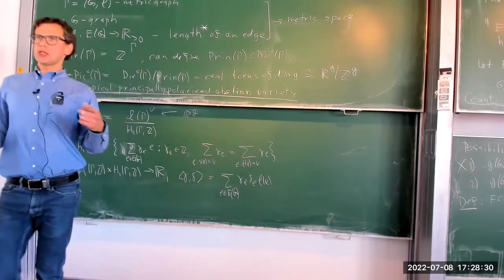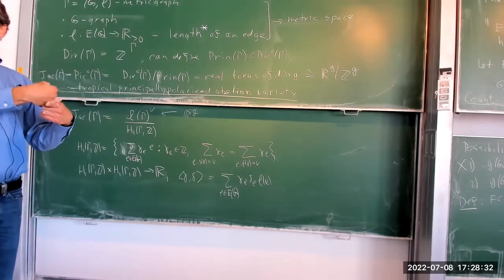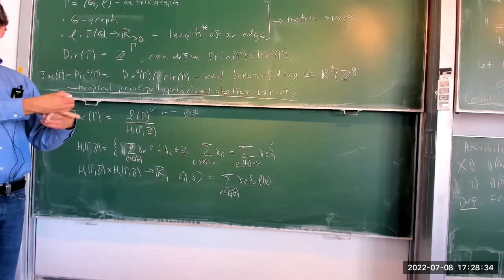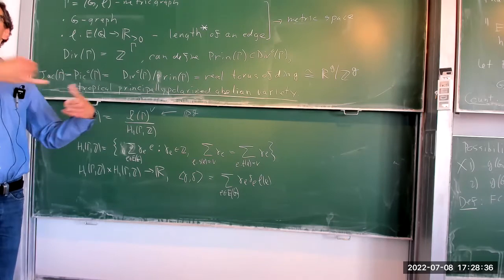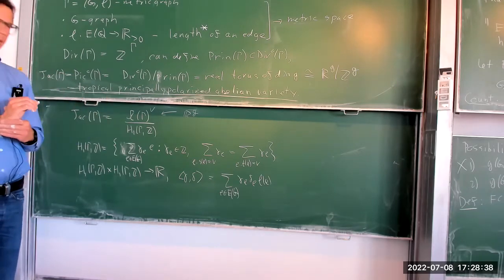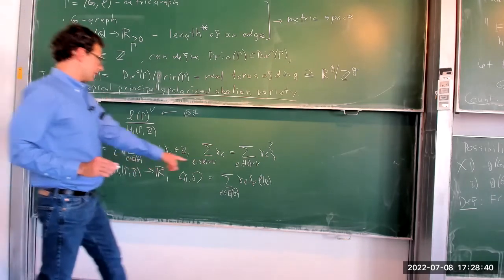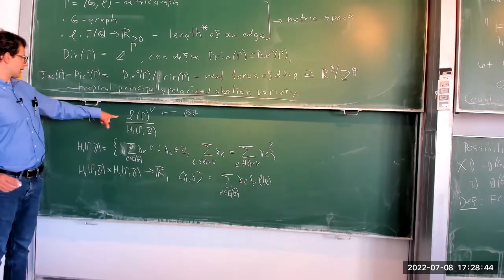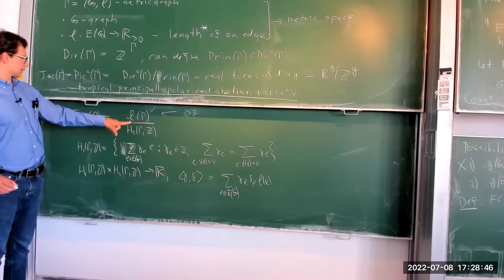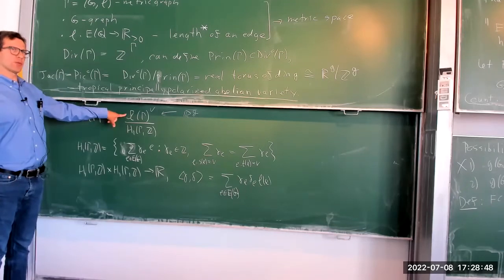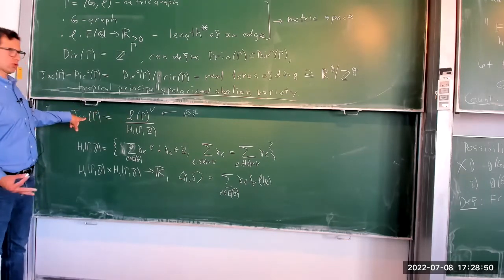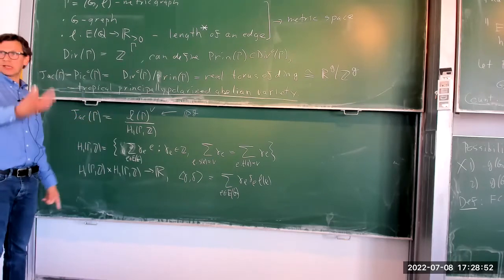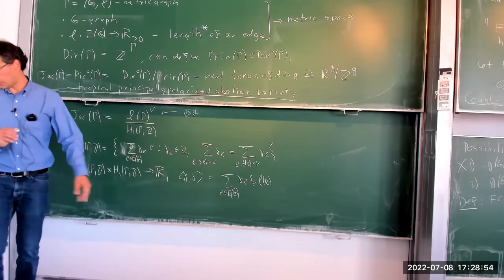So for each edge, I look at the coefficient in which it occurs in each of the two cycles. I multiply them, and then I multiply that by the length of the edge. Okay. So this gives me an inner product on the corresponding vector spaces, and that inner product gives me an inner product on the universal cover of the Jacobian, and hence a translation invariant metric on the Jacobian.